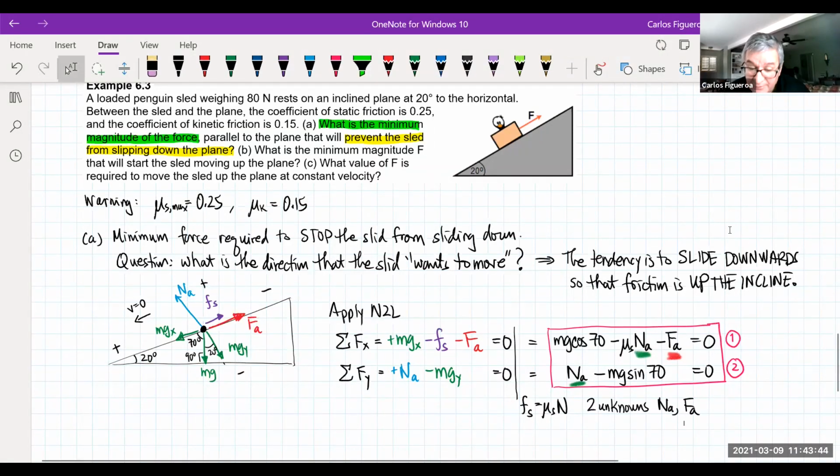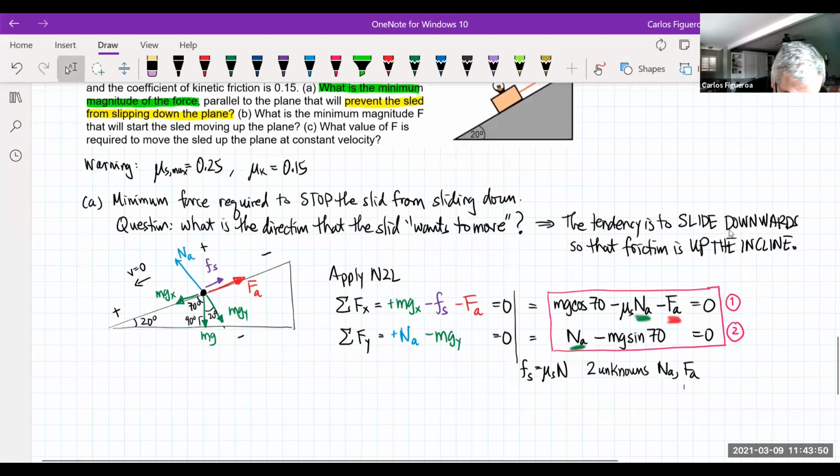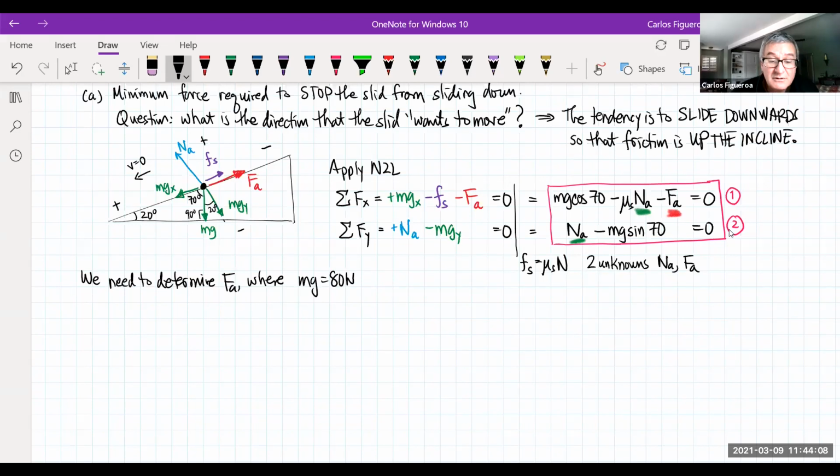So what I need to do is determine F of A. What they tell us here is that mg is 80 newtons, and we know the two coefficients.